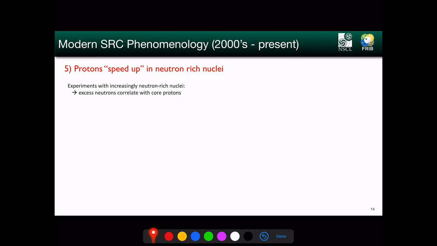Therefore, as you go to more and more neutron-rich systems, a higher fraction of the protons are knocked up above the Fermi level. This is why it's often stated in these papers that protons speed up in neutron-rich nuclei.